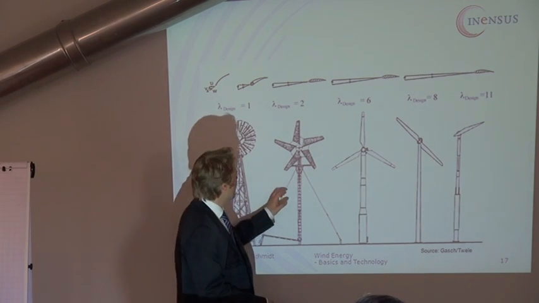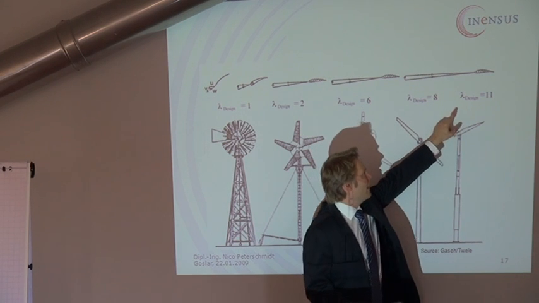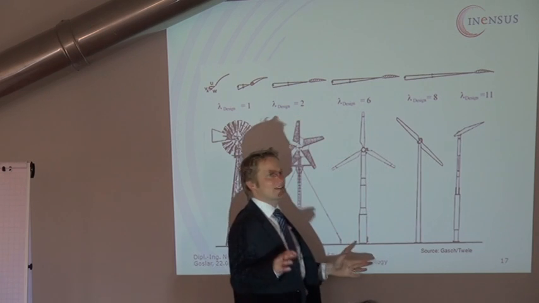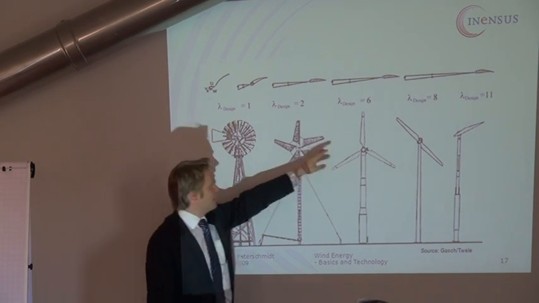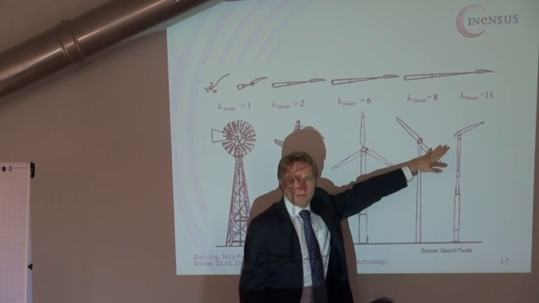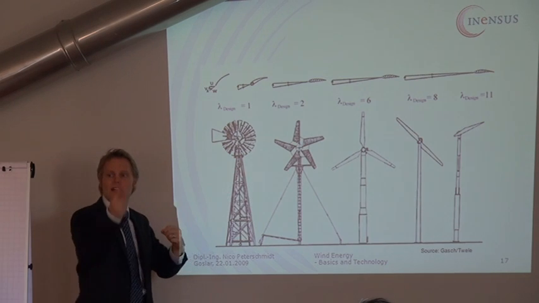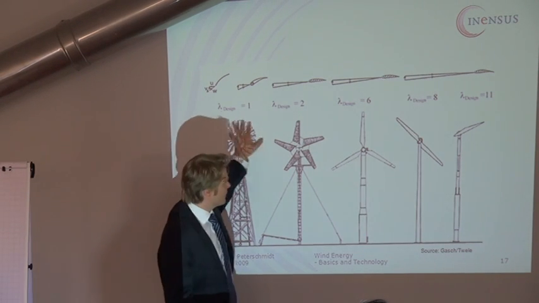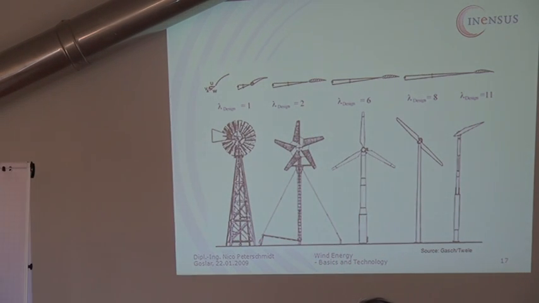profile. The lower the number of blades, the higher the tip speed ratio. This means that with the same wind velocity, those with a lower number of blades have a higher rotational speed. So these turn slowly, and these turn very fast.